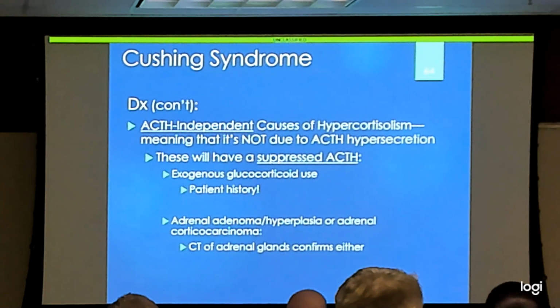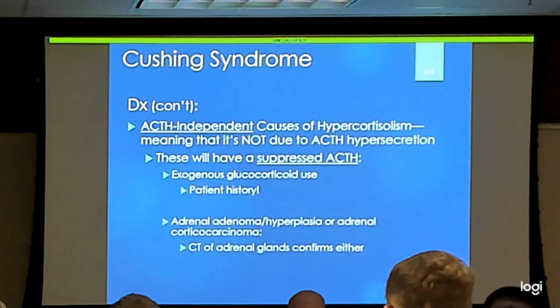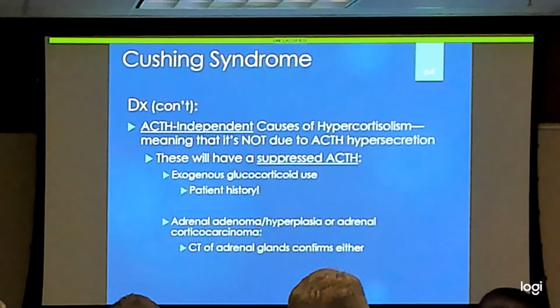So, CT of the adrenal glands confirms any one of these causes, whether I get bilateral hyperplasia, or a unilateral adenoma, or God forbid carcinoma, which often kills them quickly. Notice I'm seeing CT of the belly or chest for the ectopic versions, or CT of the adrenal glands if I have this.